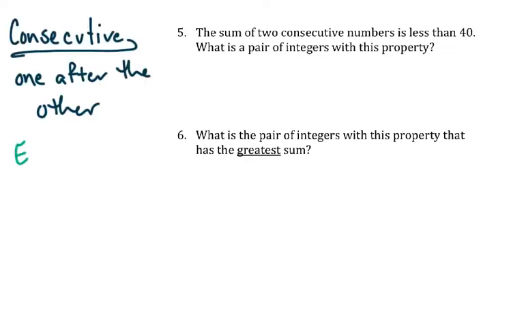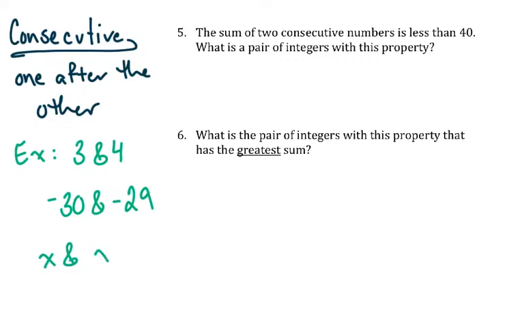So an example would be, 3 and 4 are consecutive, -30 and -29 are consecutive because they just come in order, one after the other. The way that we might write this algebraically is x, and then the next one after that would be x plus 1. So hopefully you notice here 3 and then 4 is 3 plus 1.